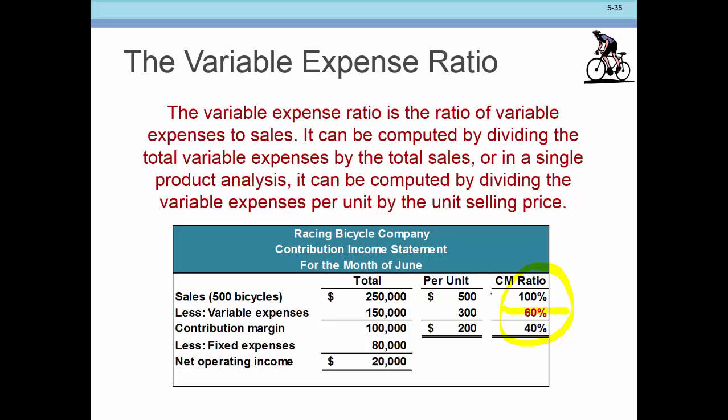They'd expect you to calculate the contribution margin ratio, but if they just give you the variable expense ratio in percentages, you can back into the contribution margin ratio, can't you? It's just the difference between the two. Okay, 1 minus the variable expense ratio will give you the contribution margin ratio.